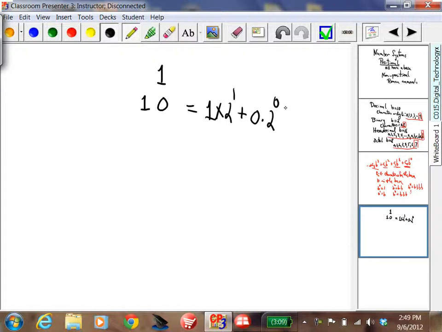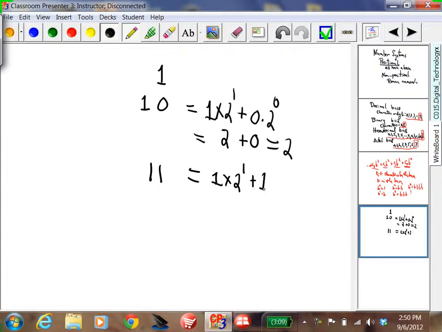That is equal to 2 plus 0. 3 is 1, 1. That's 1 times 2 to the first power plus 1 times 2 to the 0 power.